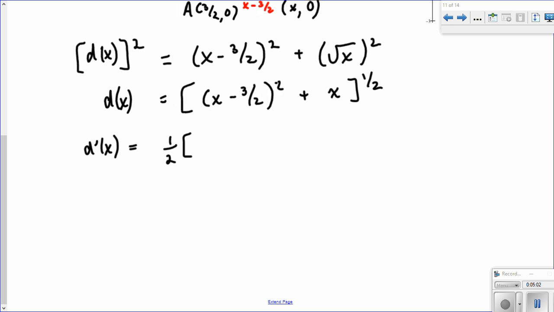One half first for next here. Now I have to take the derivative of that inside function, so a couple of chain rules here.